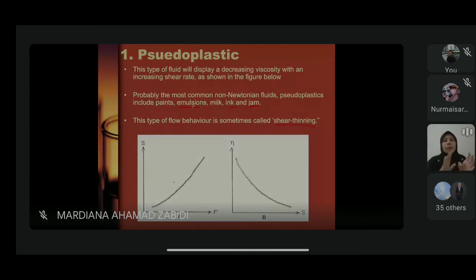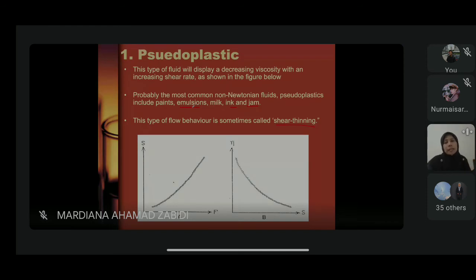Milk is emulsion as well, and then different types of emulsion. So when you spin, at first you look at the fluid is thick, viscous. But then when you start to rotate, along with the rotation, it will start to become thinning. Dia jadi semakin cair. Tadi pekat, tadi viscous. So when you start to rotate the spindle, it will become less viscous.